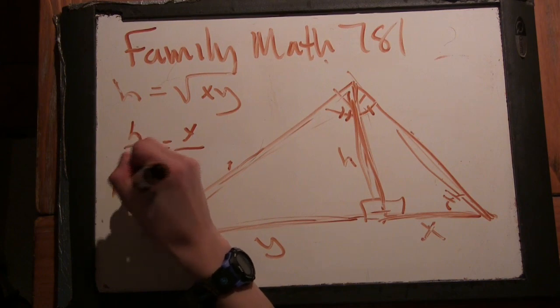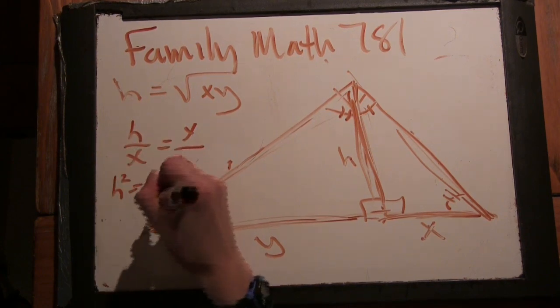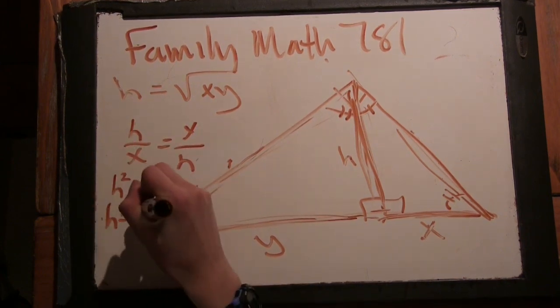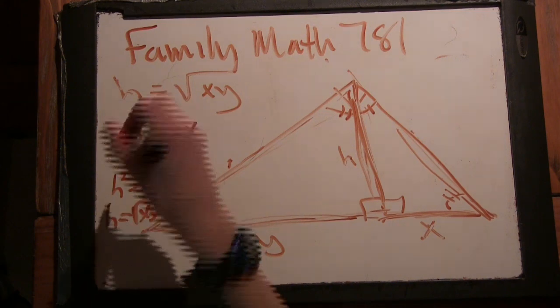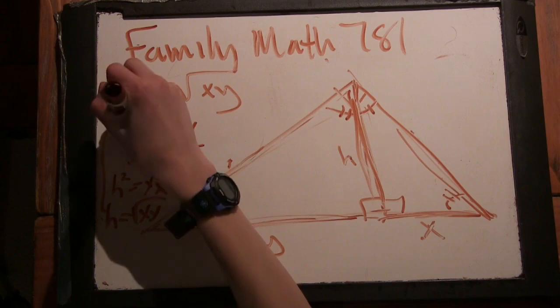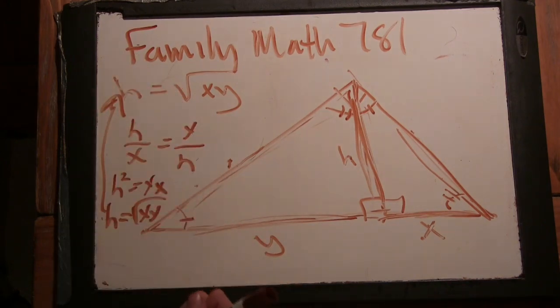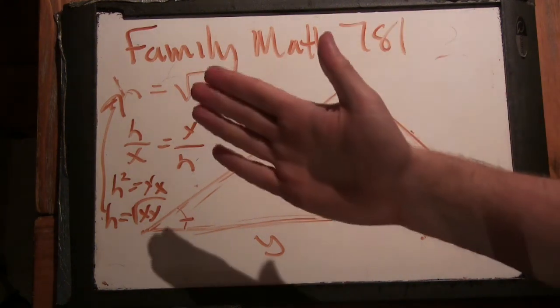So you get h squared is yx, and h equals square root of xy. All right. And that's the equation you want. Nice. Cool. That's interesting. It's just a ratio problem with similar triangles. Yep. All right. Good work. Now let's take a look at your way.